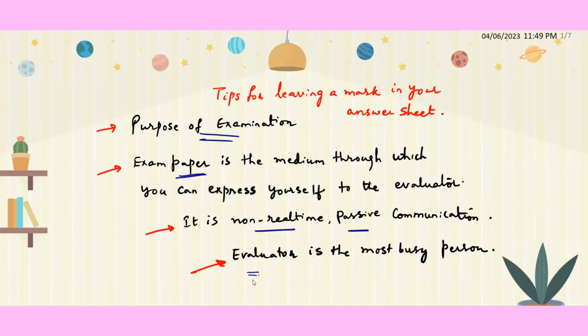So first understand the state of mind of the evaluator. In general, the evaluator has to correct 30 to 40 answer sheets per day if full time, otherwise 20 or 25. With 30 or 40 answer sheets per day, they will hardly get 5 or 10 minutes to look at each paper.